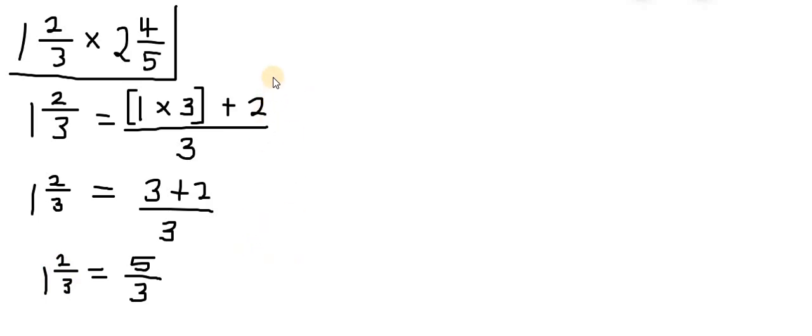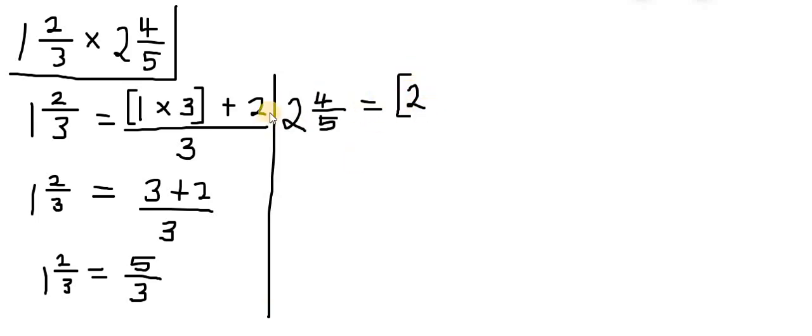Now, I have to do the same thing for 2 4 over 5. Okay, that's the same as whole number, which is 2, times the bottom number, which is 5. Put it in a bracket, so we know to do that first. And we add the top number of the proper fraction, 4.